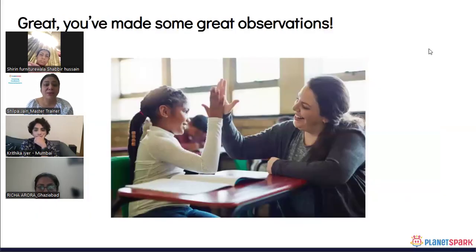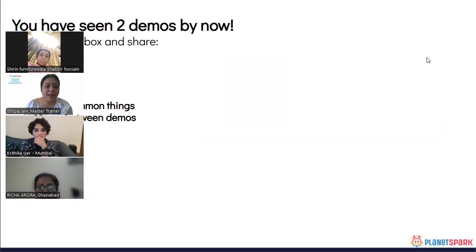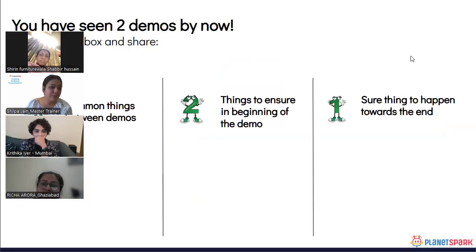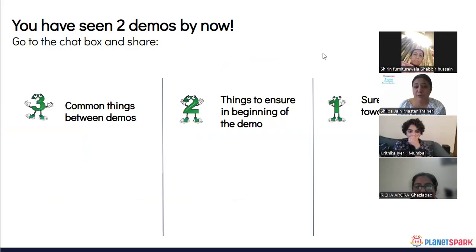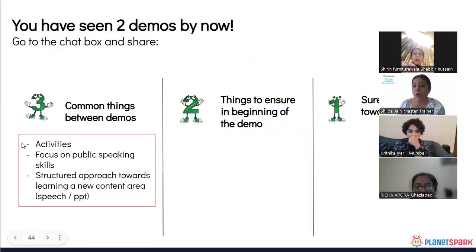Okay. So this brings us towards the end of our demo. We have seen 2 demos by now, senior demo yesterday and junior demo today. The common things between both the demos, if you all might have noticed, there were a lot of activities involved. All the activities were focused on public speaking skills, the games that the teacher played, whether it was in the junior category or the senior category, public speaking, and it had a very structured approach.